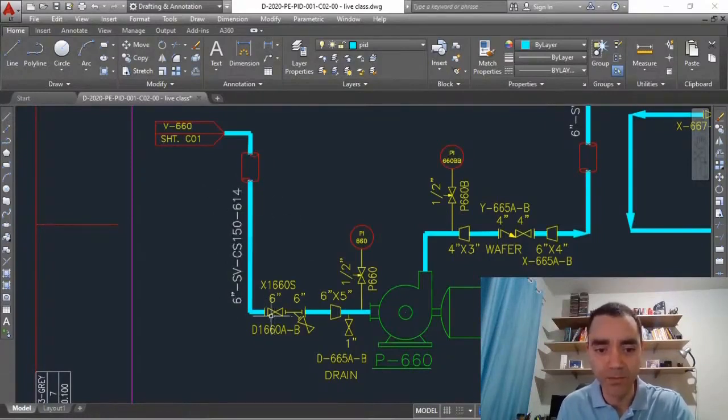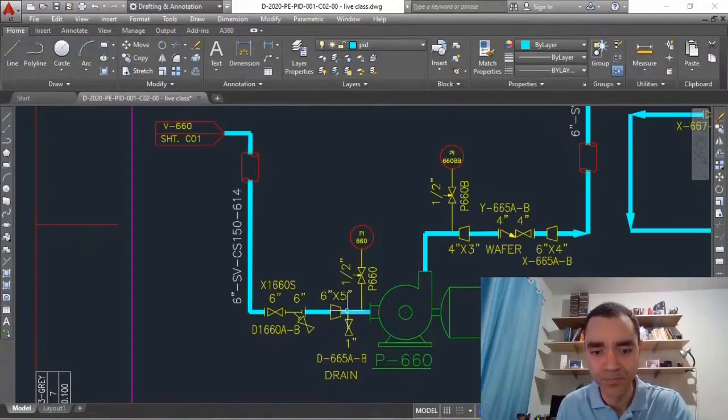After that we have an isolation valve, a strainer with a drain valve, and a reducer in order to get the pipe of 6 inches, and we select this pipe size based on the pressure drop from the vessel to the pump suction, and also using criteria of velocity.